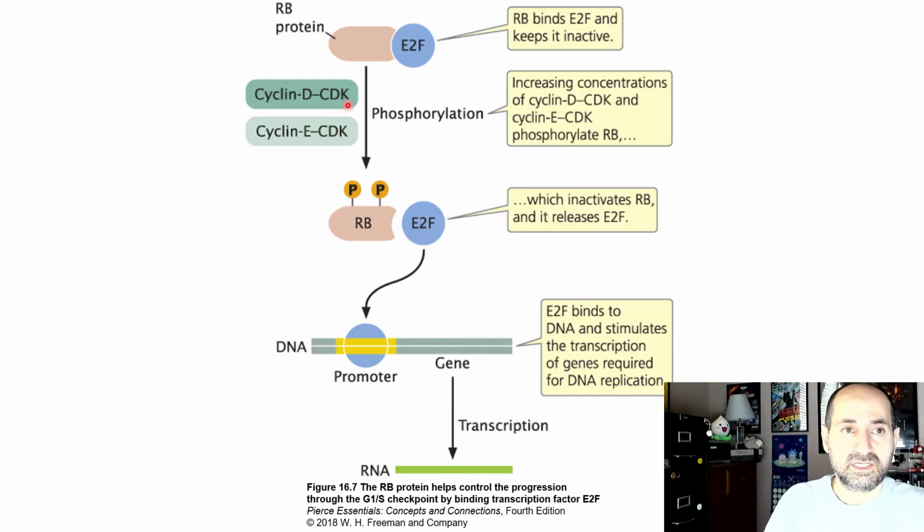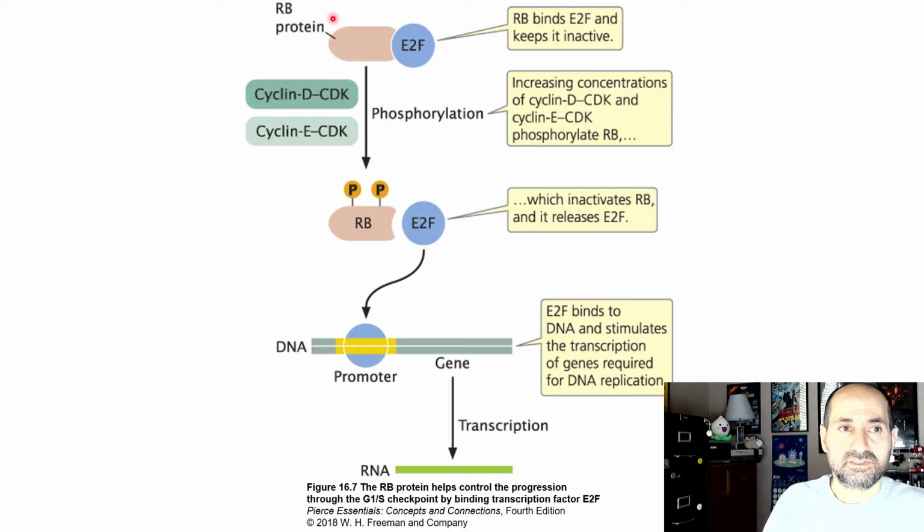Does that make sense? So if you were to mutate the retinoblastoma gene, well, then E2F would not need the signals from cyclin D or cyclin E with their kinases, and E2F would always promote transcription of this DNA replication gene. Does that make sense? So this would be an example of a tumor suppressor.